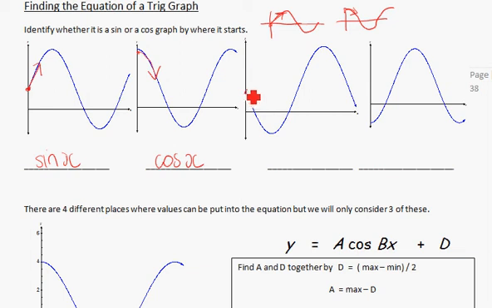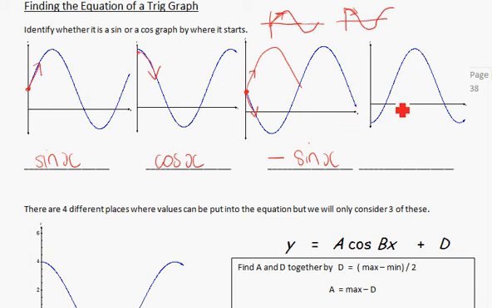This one here, we're starting at the y-intercept and moving down, but not with a curve like the cosine one. So actually this one here is like our sine curve. If I draw a sine curve in red, you can see that it's like the sine curve, but it's a reflection of it, and that would make this a negative sine curve because it's actually a reflection of a sine curve.